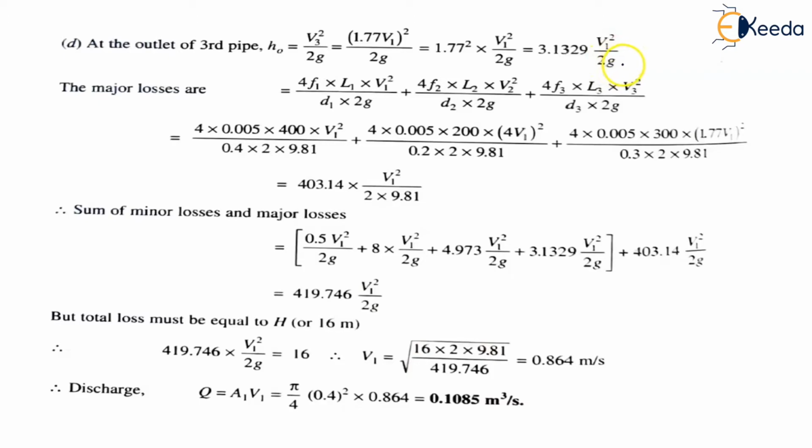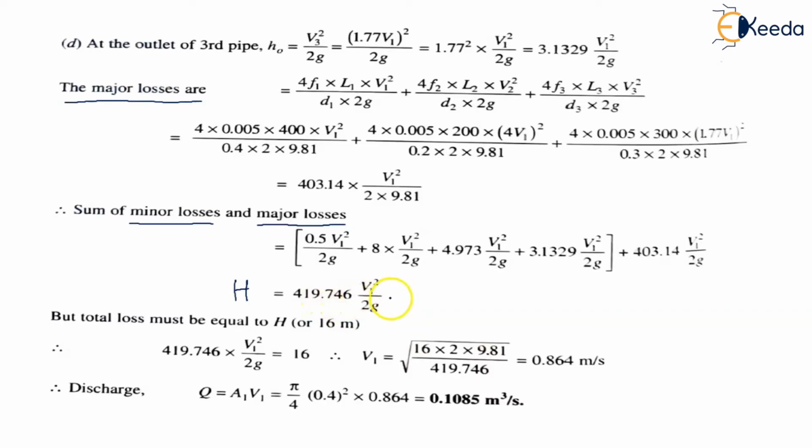We have already calculated the head loss due to major losses, that is due to friction, and it was 403.14 V1 square upon 2g. So adding both the losses, minor as well as major, we get H is equal to 419.746 V1 square upon 2g.